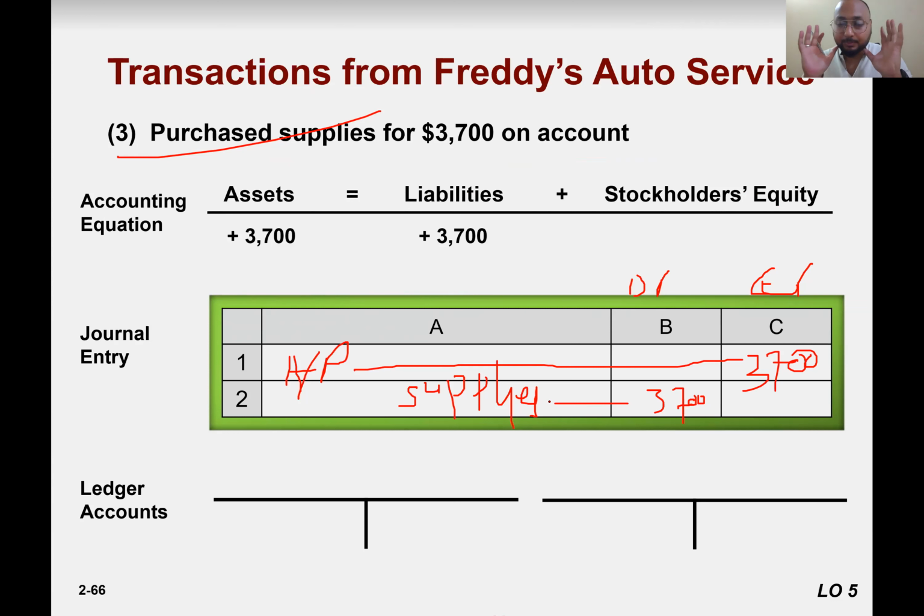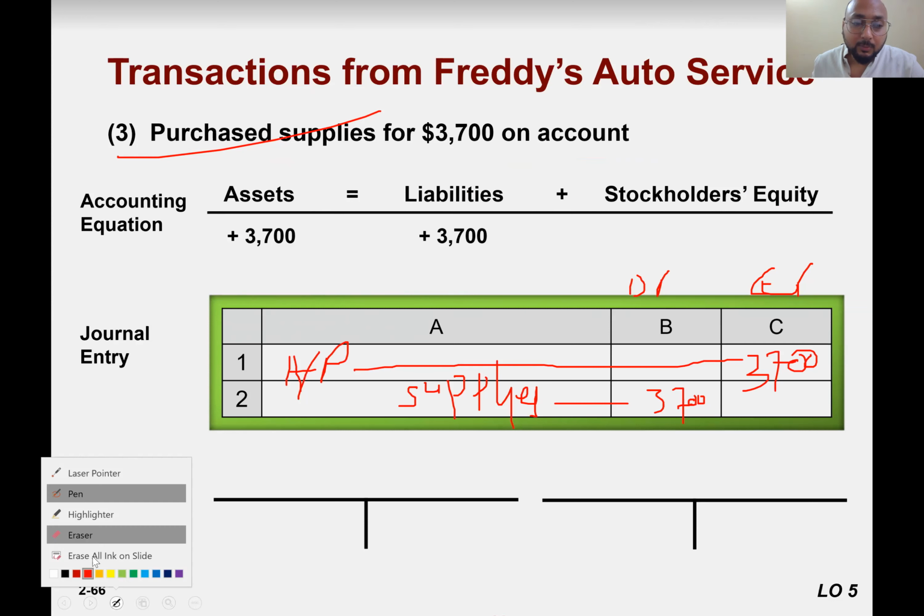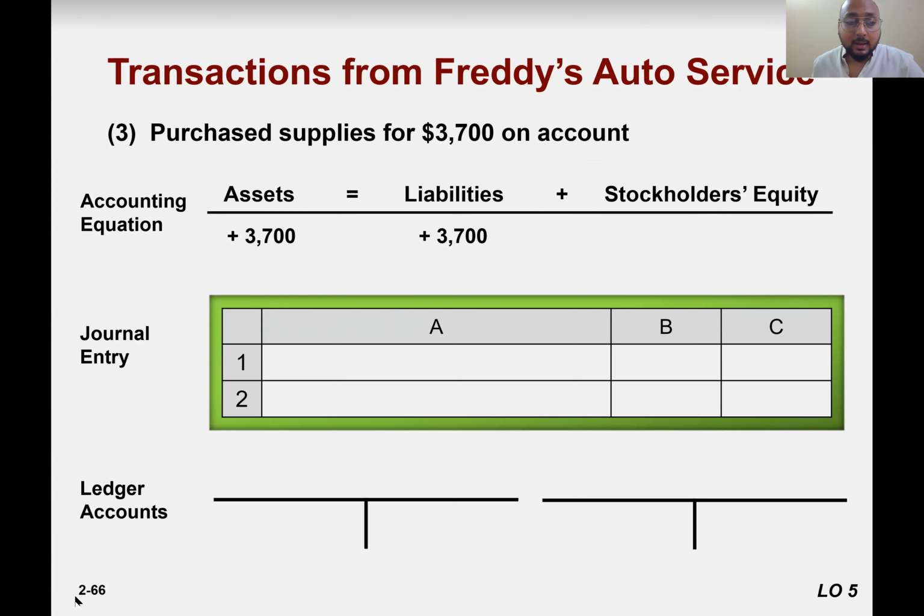This is a common understanding. In making a journal entry, we start from debit and then go to credit, right? So this entry would be wrong. We have to write it down like this: supplies to accounts payable. That's what I was trying to say, because many students make the wrong arrangement.